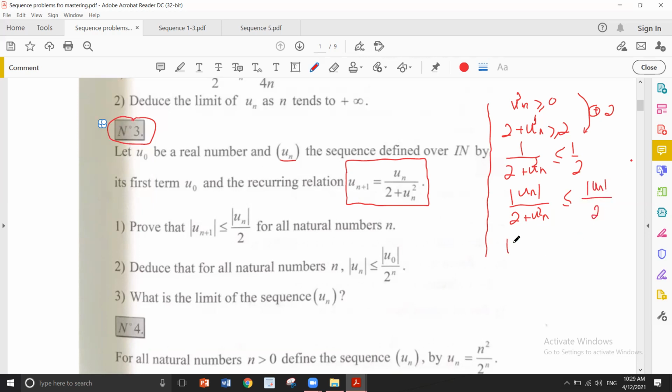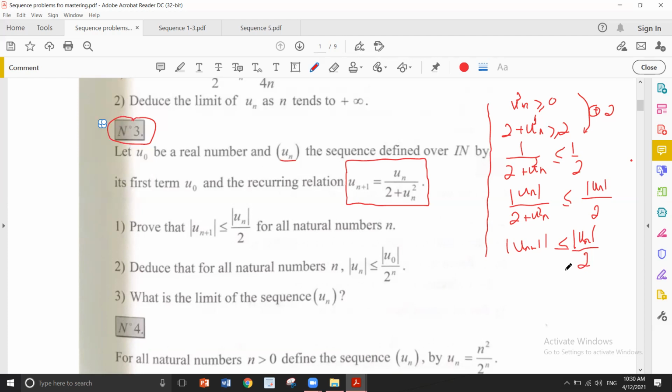So absolute value of UN plus 1 is less than or equal to absolute value of UN over 2. Yes.